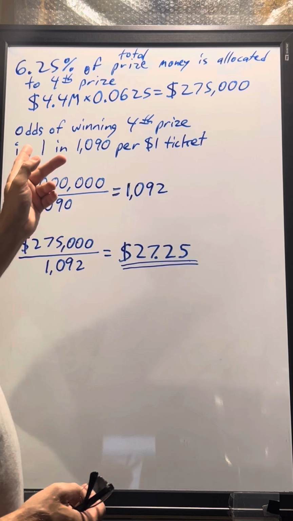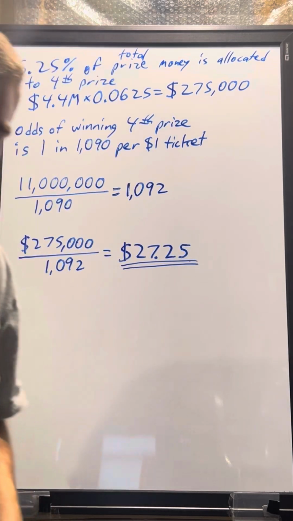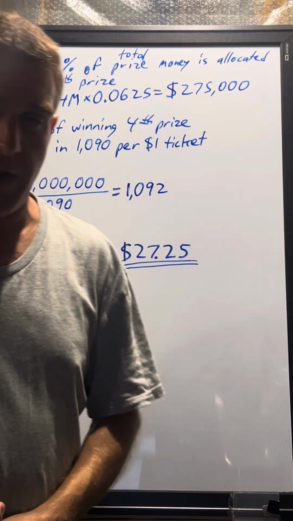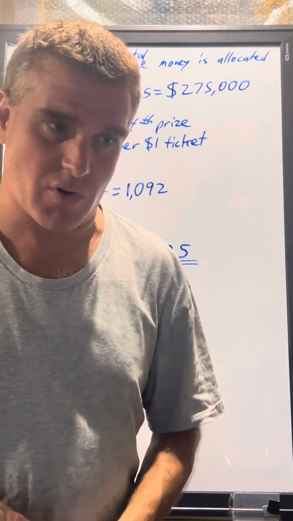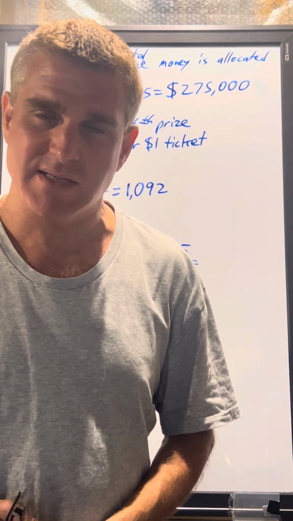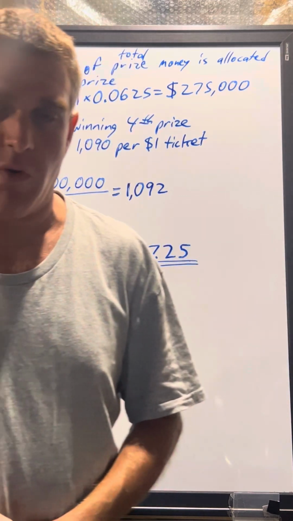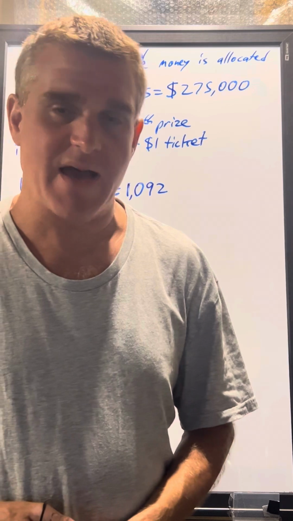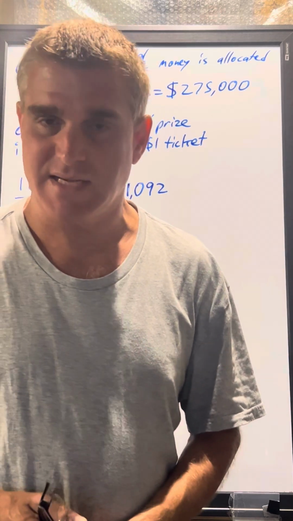Now, we determined the odds of winning fourth prize is 1 in 1,090 per $1 ticket. Since we determined that the total prize money was 4.4 million, and it's advertised that 40% of ticket sales account for the prize money, if we take 4.4 million divided by 0.4, we get 11 million, that means there was $11 million in sales.